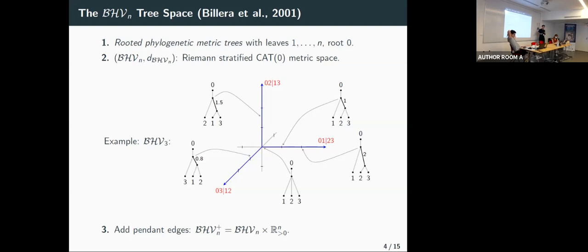You can embed this into R^3, and it's basically just 3 rays glued together at the origin. And then you also do the Cartesian product with a positive 3-dimensional orthant in this case, which is just adding these pendant edges, so these edges that are connected to the leaves. And with this Cartesian product here, you don't change the geometry of the space at all.